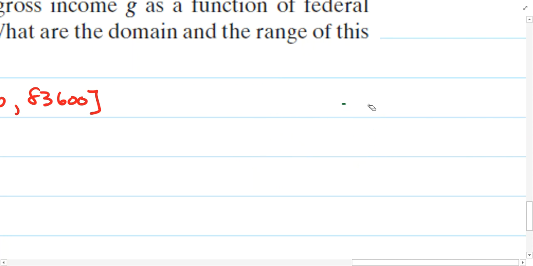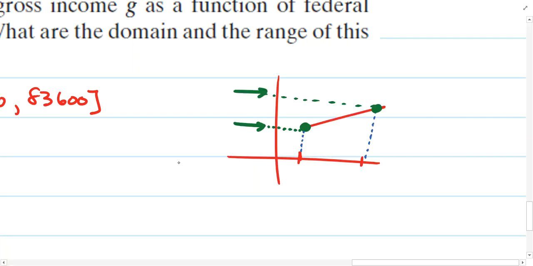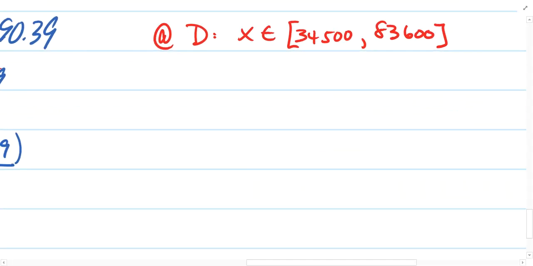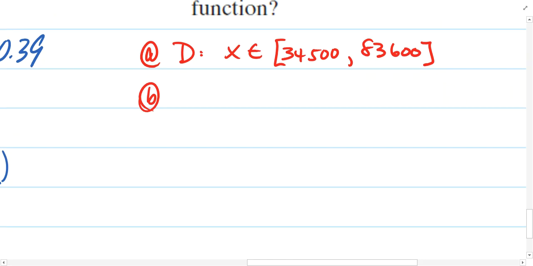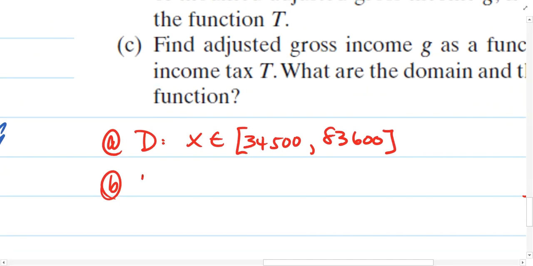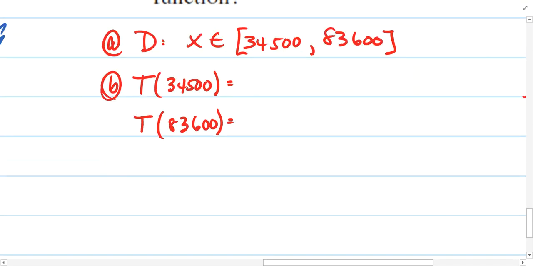So let's go ahead and do that. For part B, we would say that T evaluated at 34,500 is going to give us our lower boundary for the range, and T evaluated at 83,600 is going to give us our boundary for the upper end of the range.